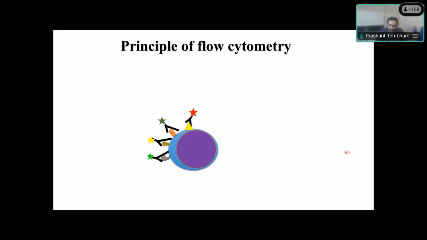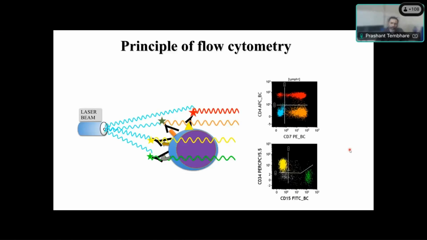Now, when such a cell comes in front of the laser, the different fluorescence light is separated from each other by the optical system inside the flow cytometer, and we come to know which fluorochrome is positive, that means which antigen was present on the cell. That's how we identify whether these are B cells, whether these are abnormal B cells, whether these are normal B cells, whether these are abnormal leukemic tumor cells, or normal B cell precursors, normal myeloid precursors. That's how we identify, based on this principle.